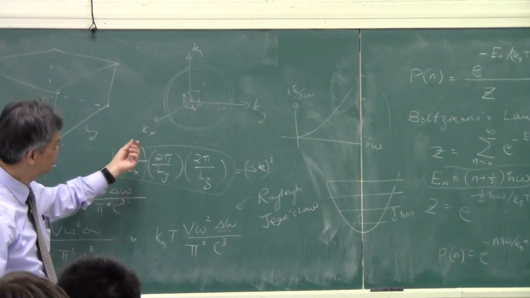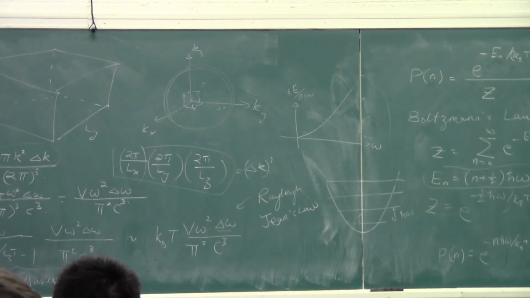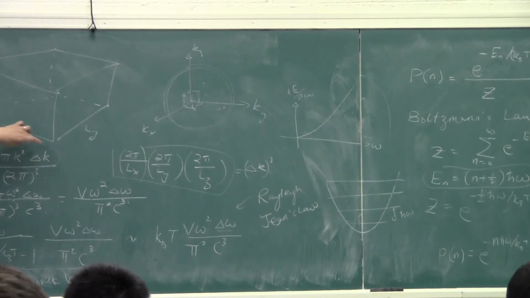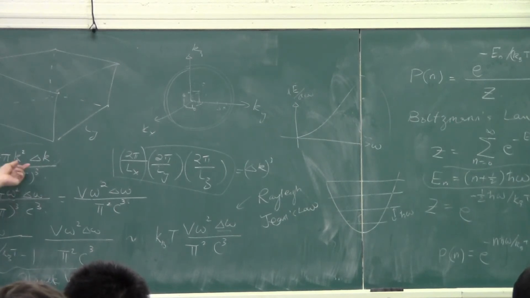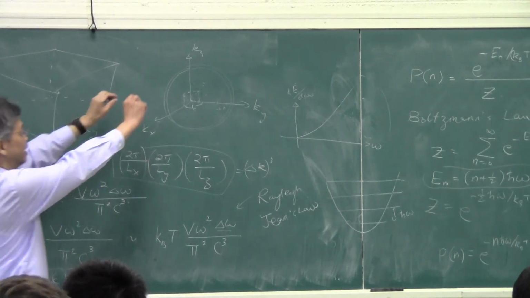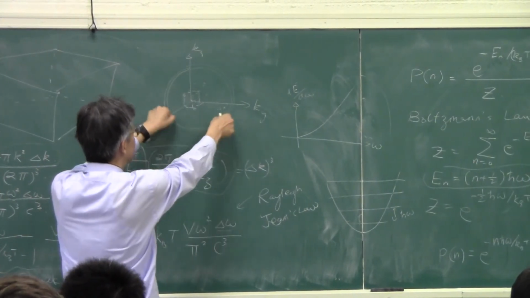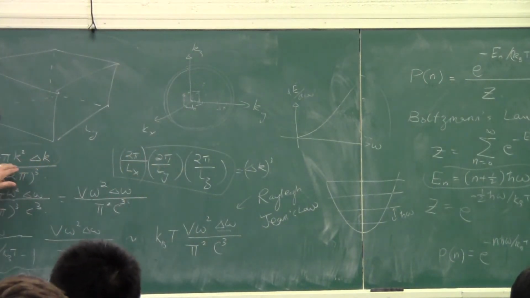The larger the volume, the smaller delta k is. So the number of modes you get per k volume in the k space will become more and more. You get more and more modes for the annulus region. How many modes can you have in this shell? You will have more and more modes as the volume gets bigger.